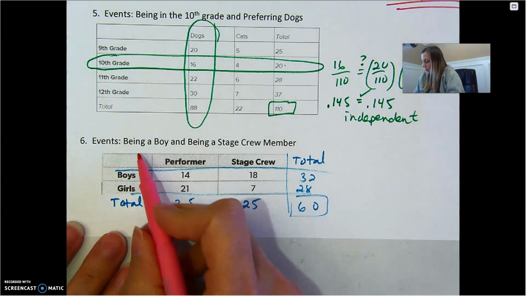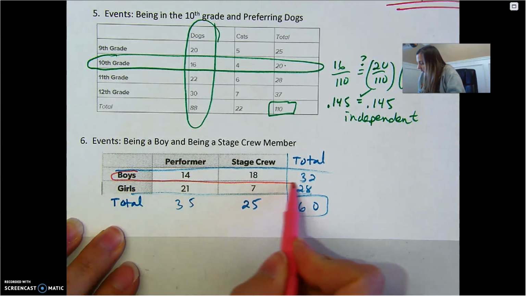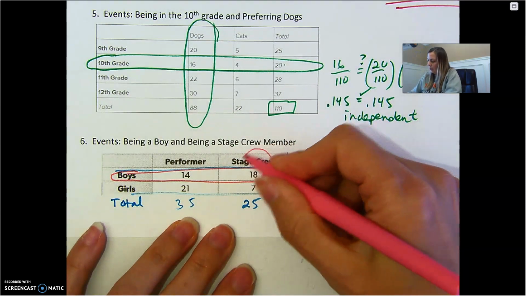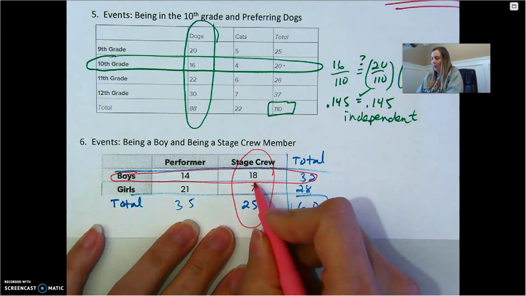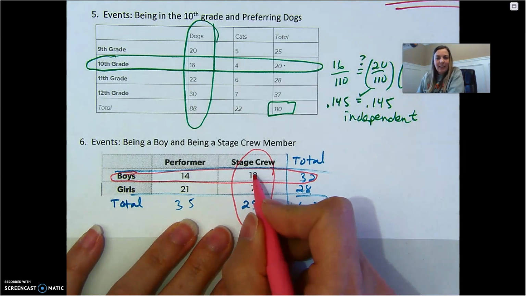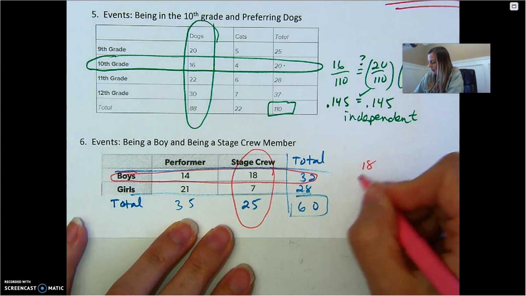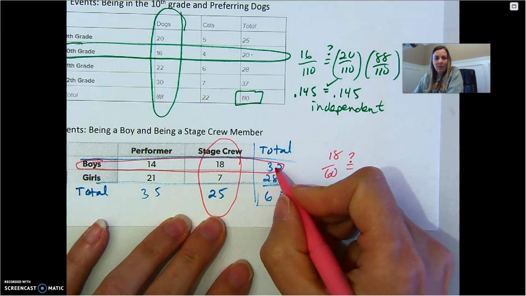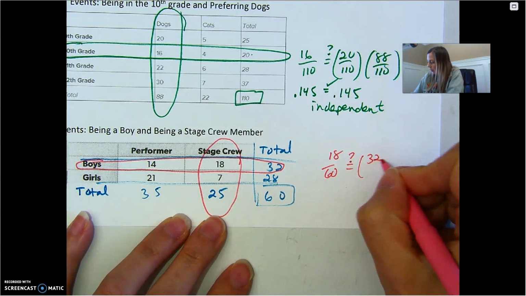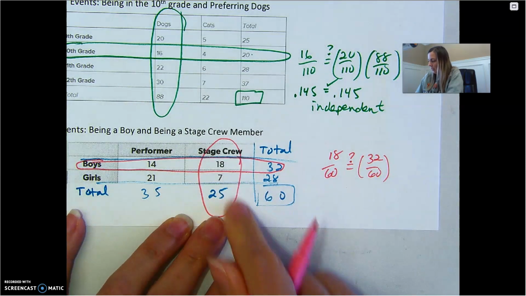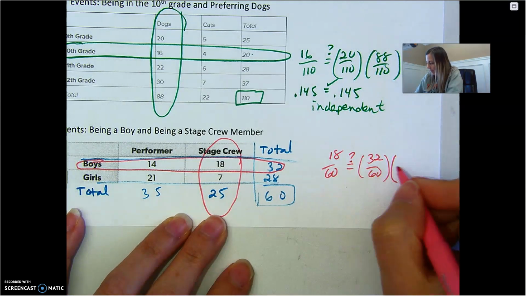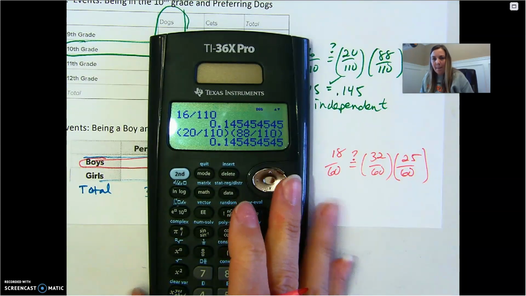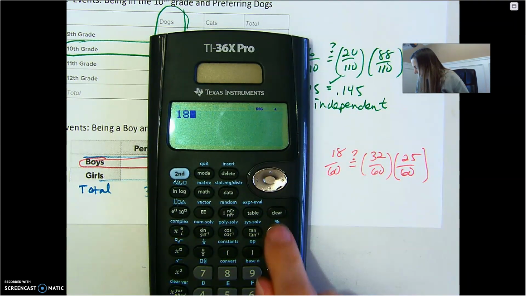So here we go. We want the events being a boy, 32 boys, and being a stage crew member, stage crew. The intersection of these two events is 18 out of 60. Let's verify. The event being a boy is 32 out of 60. The event of being a stage crew hand is 25 out of 60. Boom, we've got 18 out of 60.